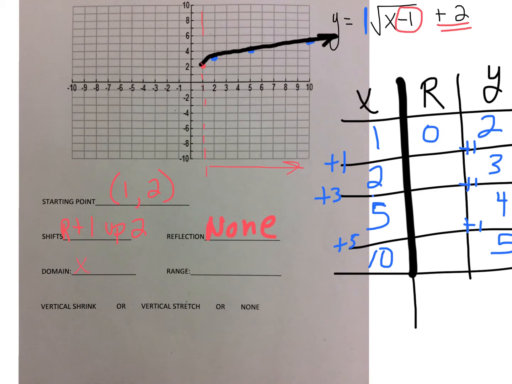So we're going to say x is greater than or equal to 1. Now my range values, my y's, we start at 2 and those keep going up forever. So y is going to be greater than or equal to 2. Now shrink, stretch, or neither. Again, we look at the a value, and since it is 1, it is neither. None.